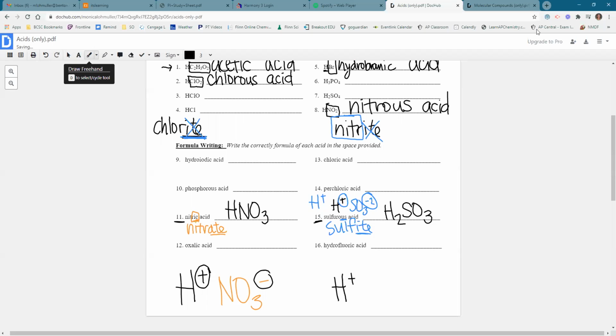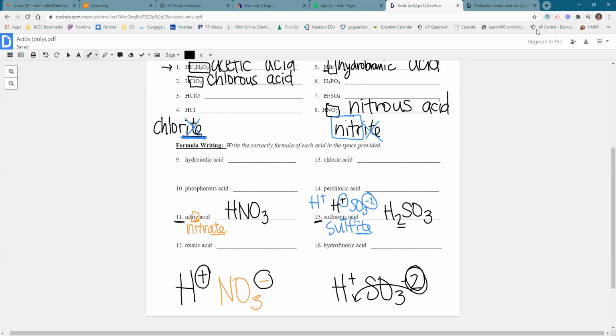So if you look here, we're combining those two ions to make sulfurous acid. Whatever the charge is on the anion, the second part, the negative part, that number is going to become the subscript on the H. So since it's a -2, that's why we have 2 for the H2SO3.